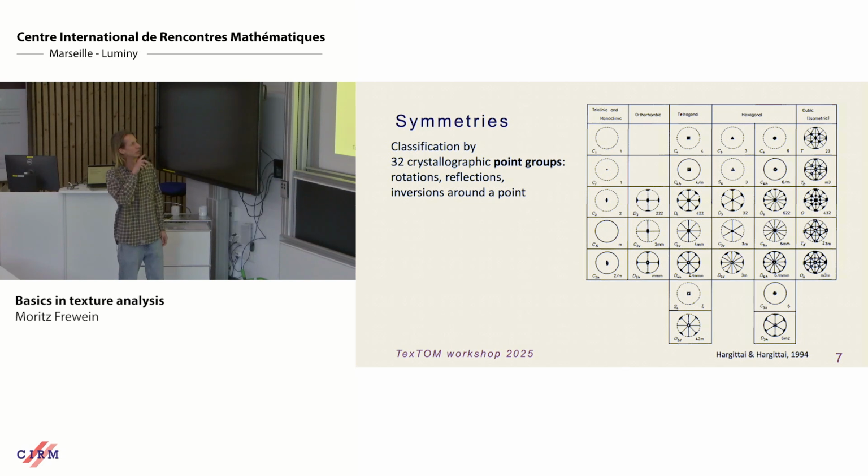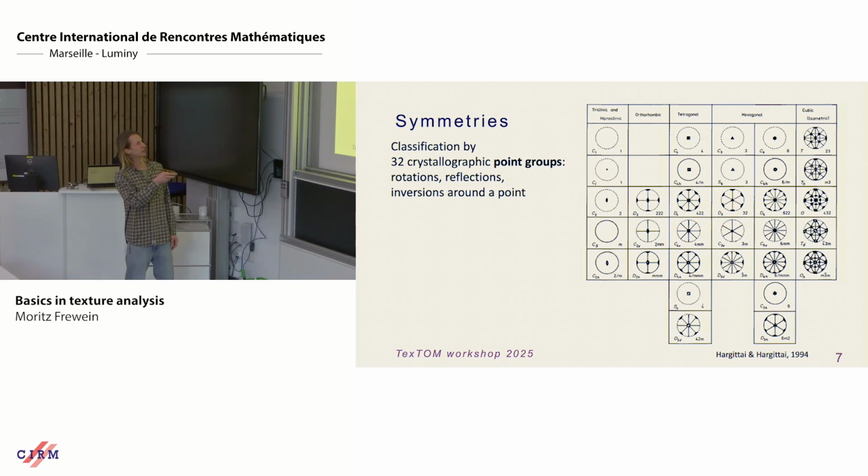Just to go a little bit into detail, so the simpler ones here, you can see that, for example, this one is marked by C2 or number 2. It means that we have one rotation axis with a two-fold symmetry. So if you rotate it by 180 degrees, it will look the same.